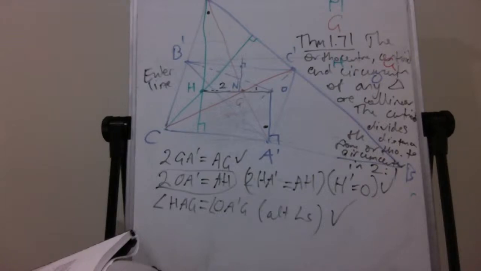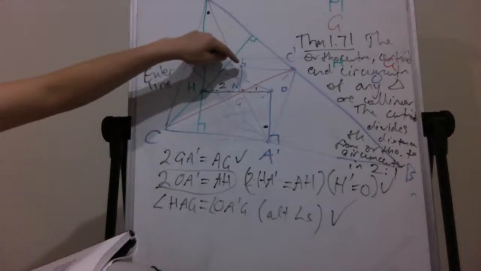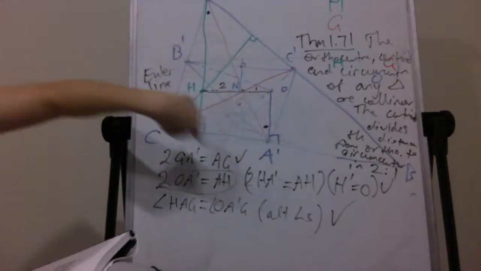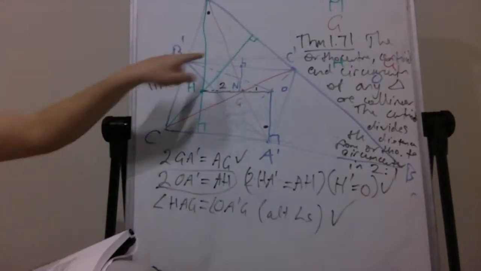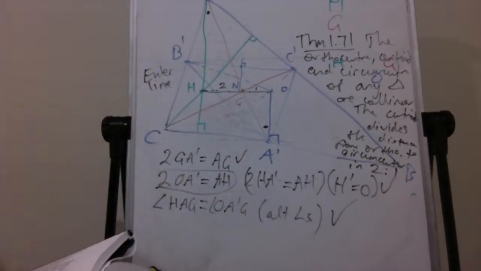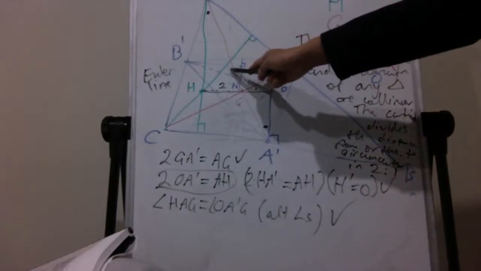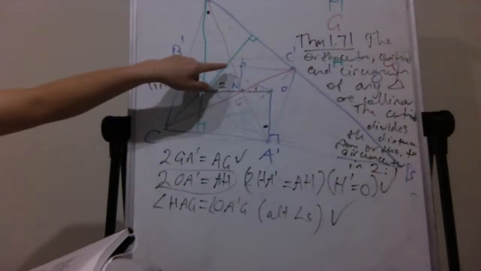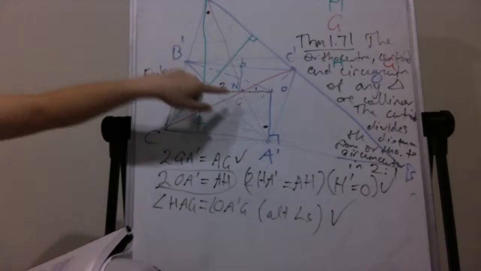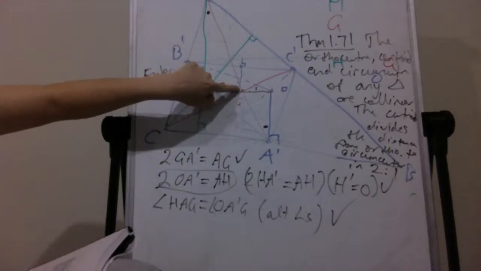So N is on the line towards the center of the circumcenter of that triangle as well, isn't it? Wait, that's the perpendicular bisector. Perpendicular bisector of that, where A prime intersects, because it's a parallelogram? I don't know why. What am I missing? This is P. Oh, is that P? Oh, you've already joined it. Okay, sorry, my bad.